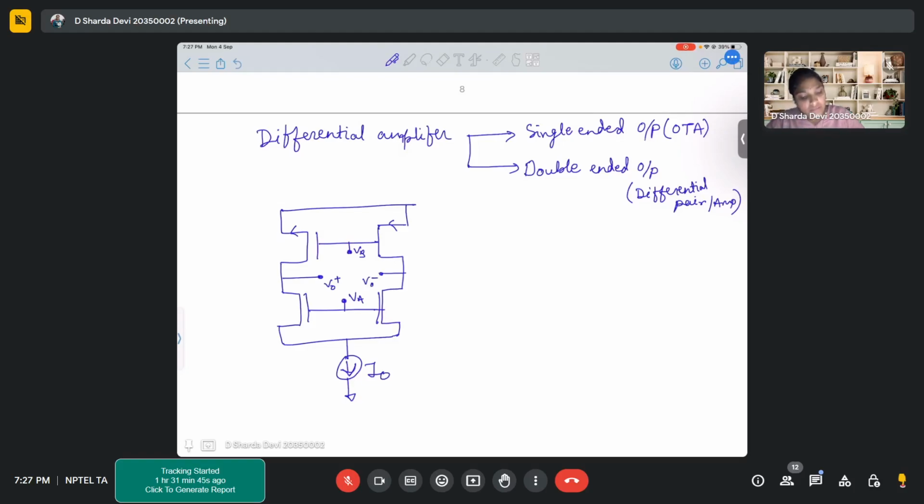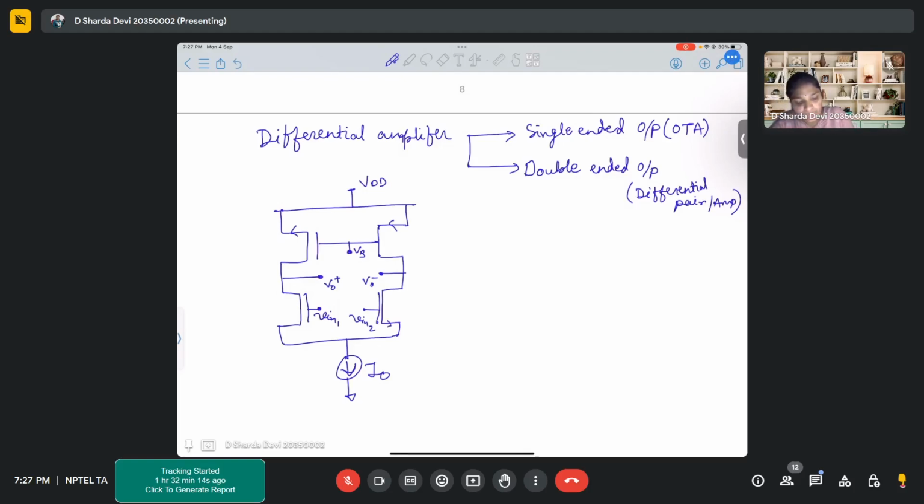Here, if you observe very carefully in this particular circuit, there are two inputs, right?